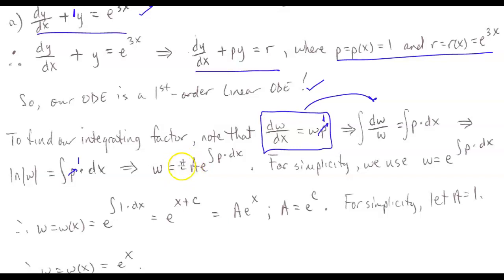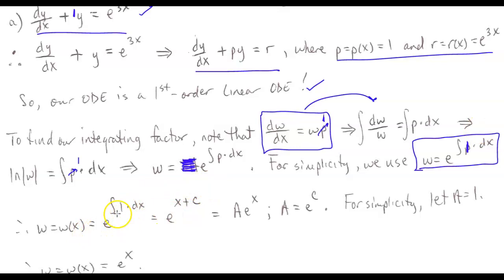And of course, we could rewrite it this way. Notice here, I have used plus or minus a instead of just letting that be a. Really it doesn't matter what this is, because whatever this constant is doesn't matter in the whole process. So we know that this is going to be our integrating factor, where this is 1.